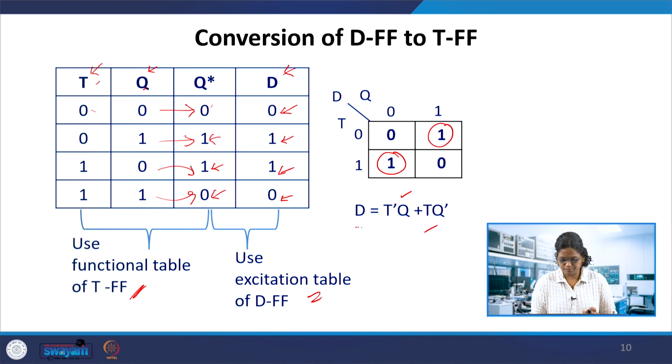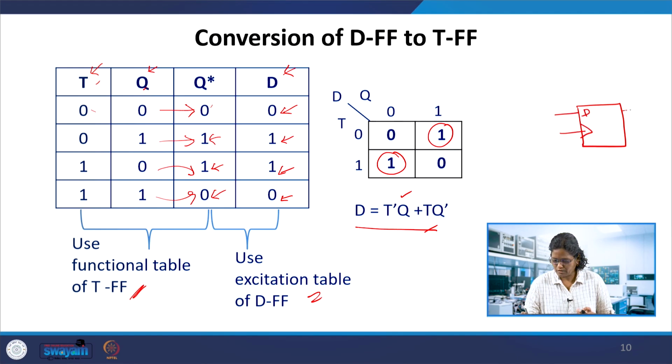Okay, D is this. So if we have the D flip-flop, let's take the clock edge D flip-flop, and this is Q, and this is QN or Q dash, whatever you call it. Then we have this Q. So now this D should be given the logic T dash Q plus T Q dash.